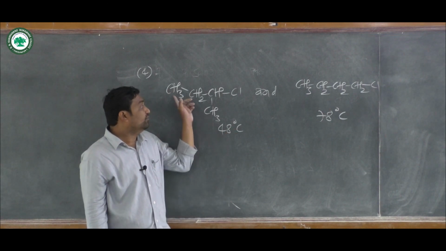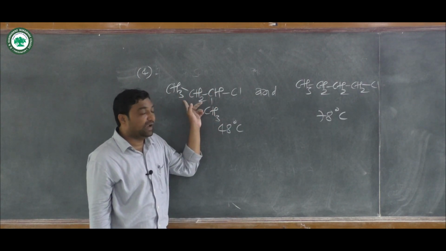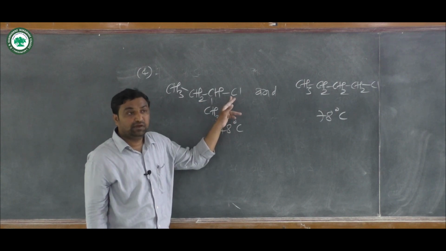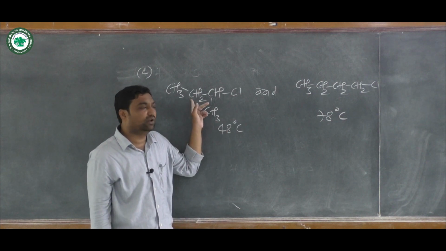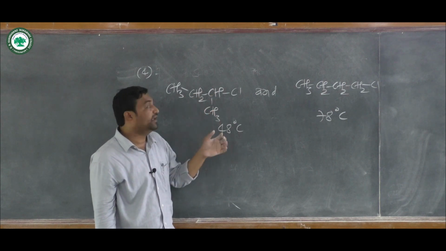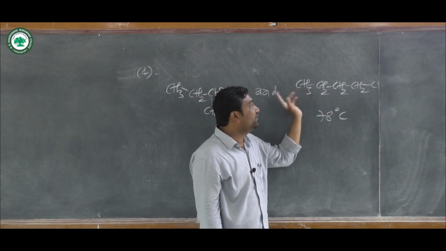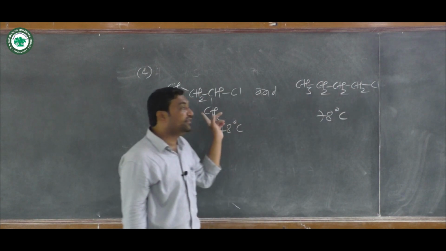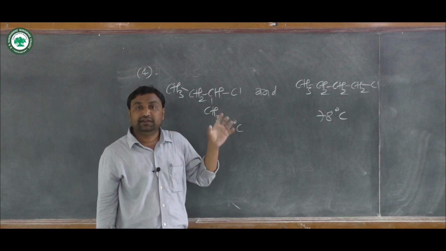We know that both these molecules contain the same number of carbon atoms as well as halogen atoms, that is here chlorine atoms. But in case of isobutyl chloride or secondary butyl chloride, branching increases. It means the chain is of 3 carbon atoms, whereas it has 4 carbon atoms which are linked in a chain. Due to branching, the surface area of this molecule decreases.